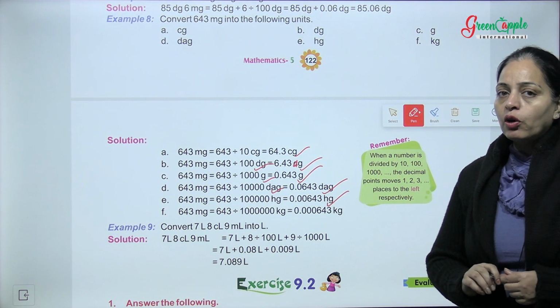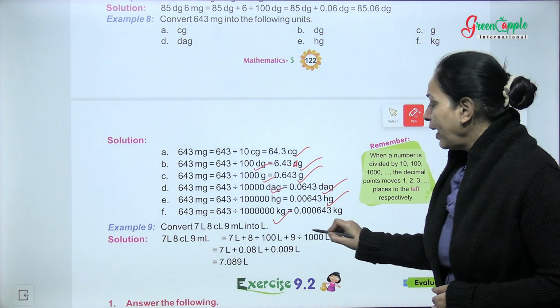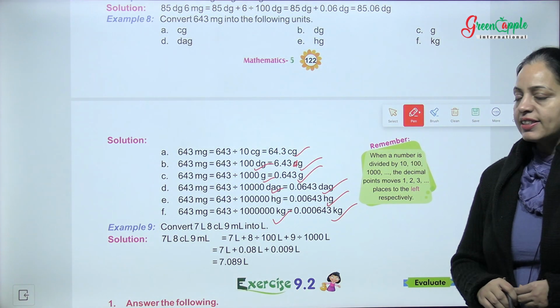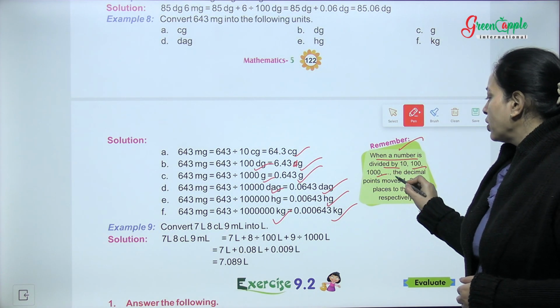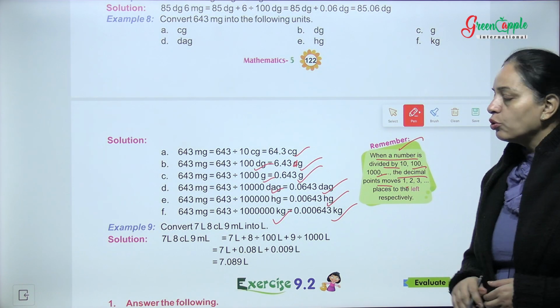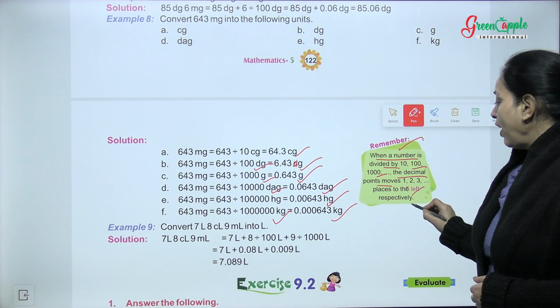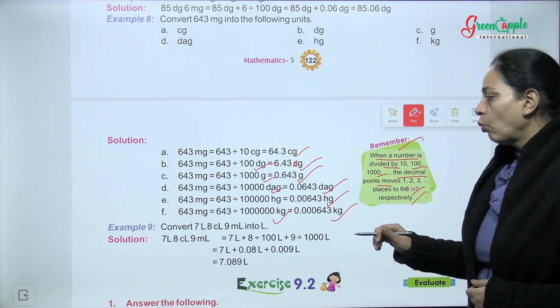Then convert into kilogram, so divide by 10 lakh, this is the answer. Okay. Remember, when a number is divided by 10, 100, 1000, the decimal point moves 1, 2, 3 places to the left respectively. You know very well.